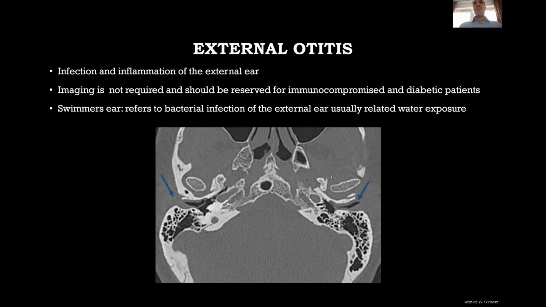The problem with the swimmers, unfortunately, cannot be solved because swimmers are most of the time immersed under the water, so there is a very high possibility of repeated infection with external otitis.